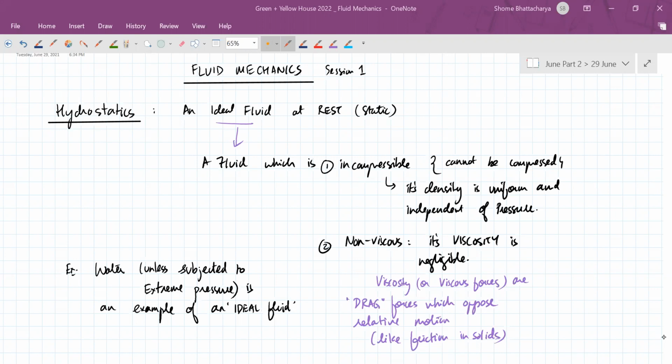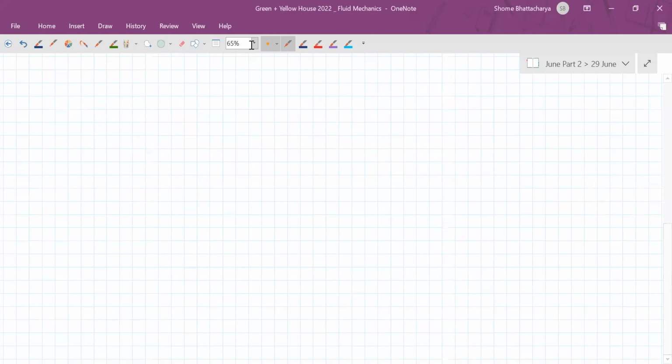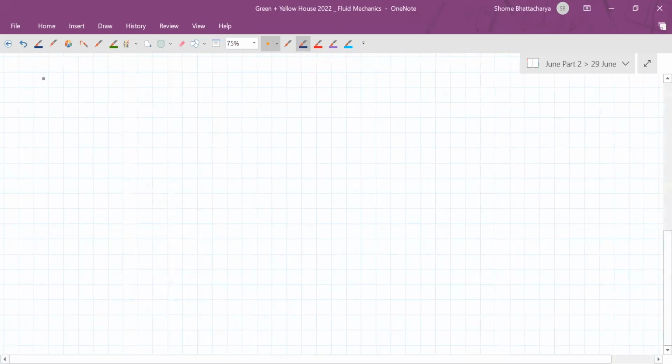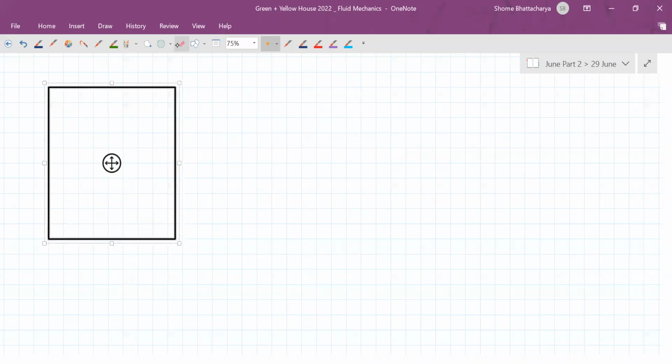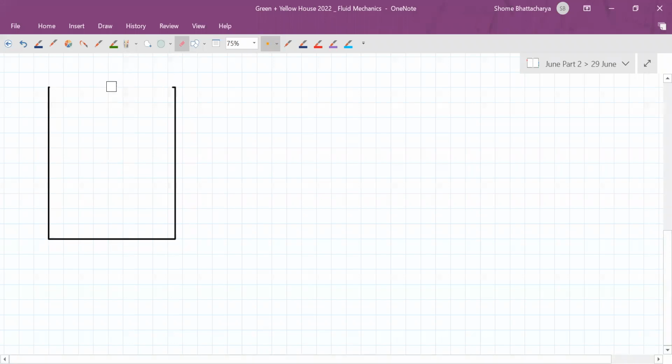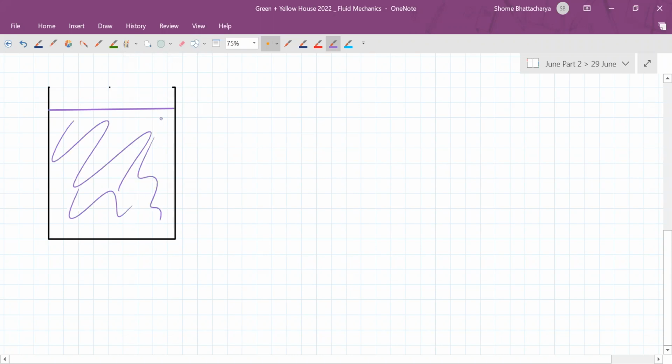Okay, so let's move on to understand the first important set of properties of an ideal fluid at rest. If we consider an ideal fluid at rest in a container like this, at rest in the ground frame, meaning the container is at rest with respect to the inertial frame, then the most important aspect is how the pressure varies with depth inside a fluid.